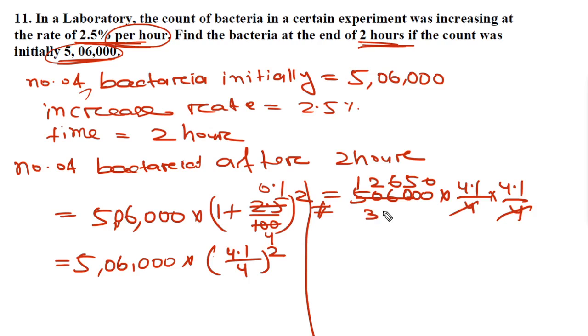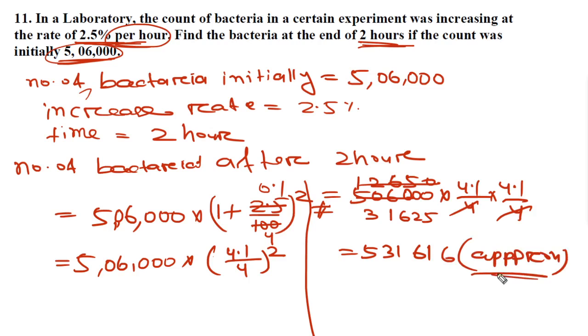So this number into 4.1 into 4.1 will be equal to 53116 approx. The number would be in decimal, but the number of bacteria cannot be in decimal, therefore we are writing it approx. So this is the way you please move, so that you can find the answer here.